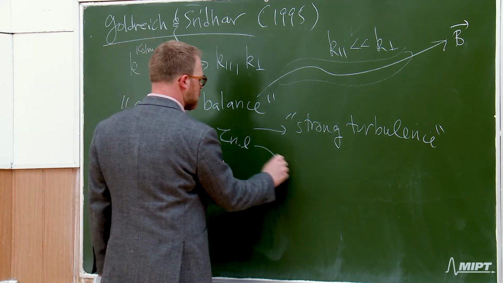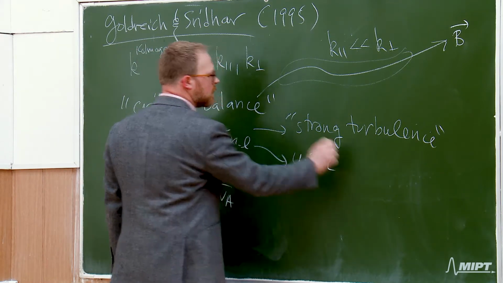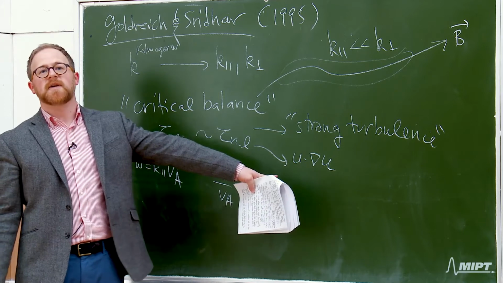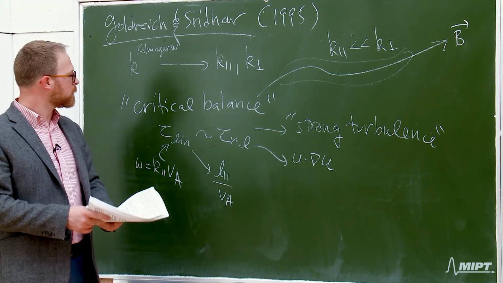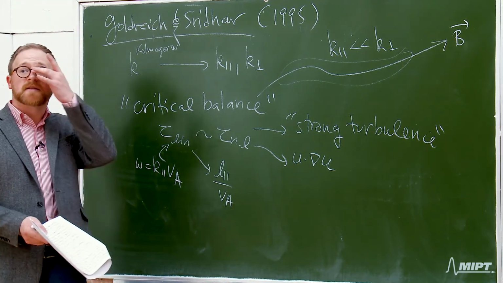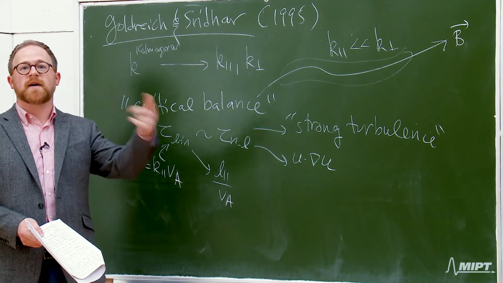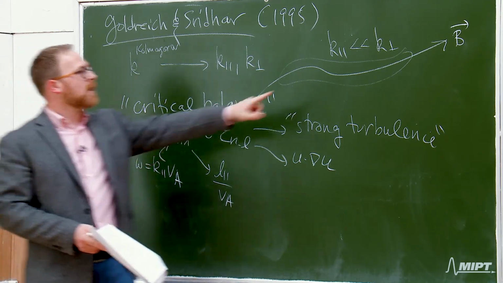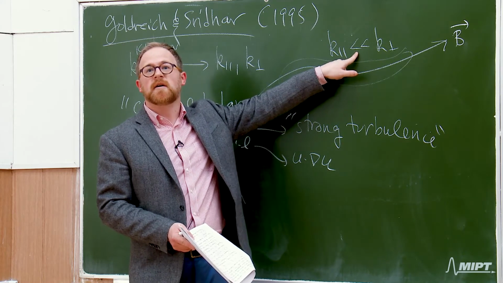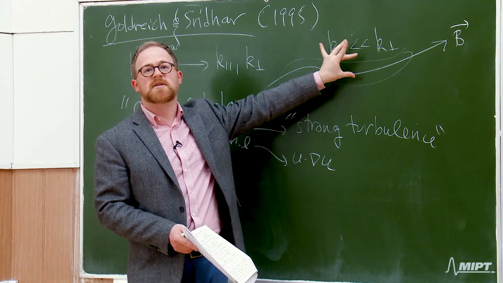And this nonlinear timescale comes from this nonlinearity, u dot grad u, right? And there's an assumption that's about to be made that you can verify after the fact, which is that the eddies are elongated along the field lines and have short scales across the field lines.